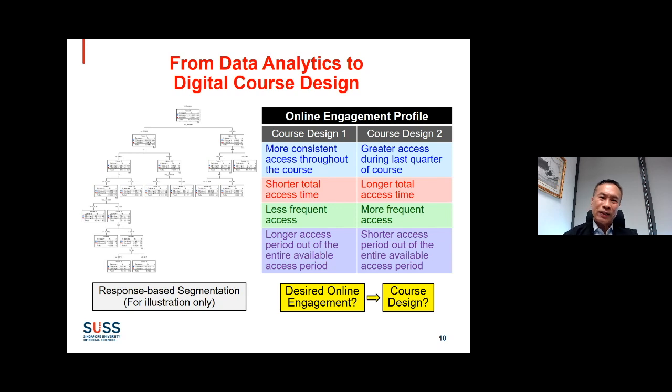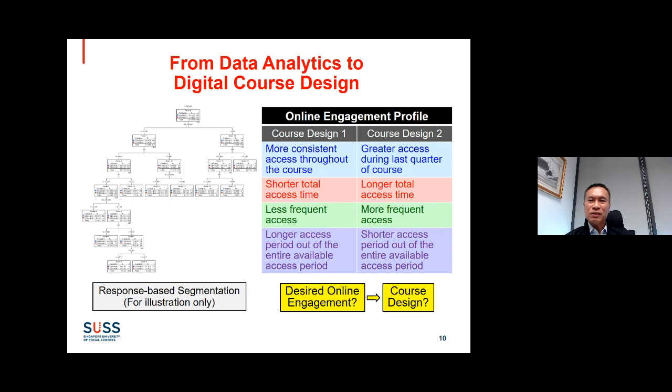And we look at the online engagement metrics. We did a lot of learning analytics. We actually used a decision tree, which is a very important and popular machine learning technique, to try to identify the patterns of online engagement profile generated by these two different course designs. So we shall not interpret the decision tree in great detail. Instead, I've summarized the findings on the right-hand side.